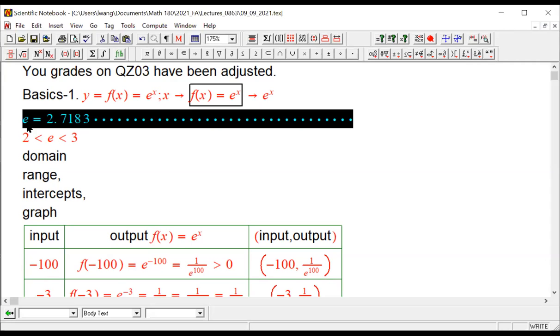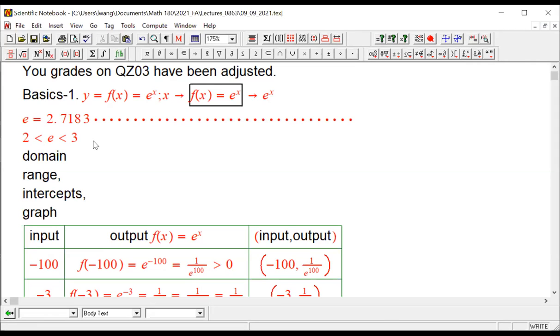It's an amazing number. You will continue to study e in calculus, and here we're just getting the basics of it. e is such a messy number and yet it is so important that we decided to dedicate a symbol to it, and that symbol is called e. When you think of e, think of it as just a number between 2 and 3. In particular, it's about 2.7.